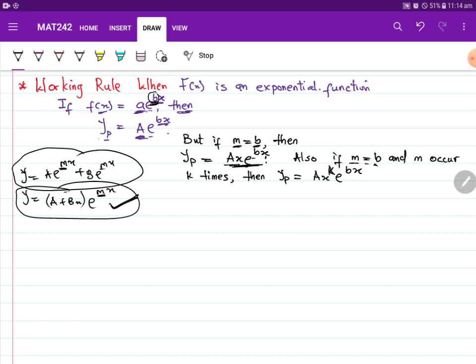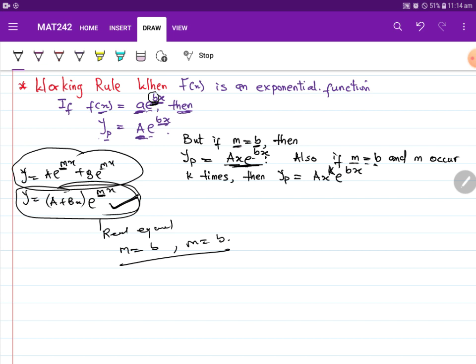This is when you have real and equal roots. It means my m is equal to b. Also, m is equal to b. At this point, m has occurred more than once.